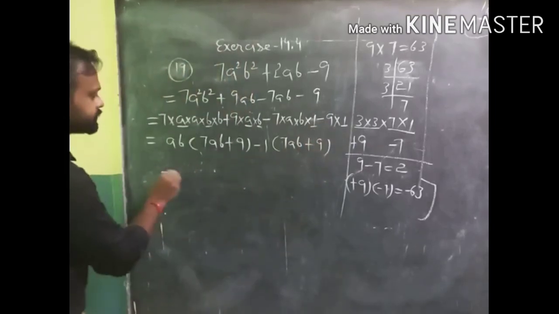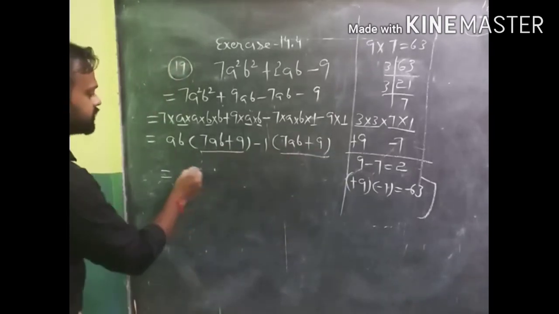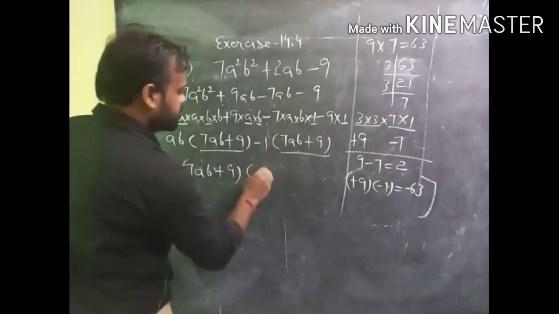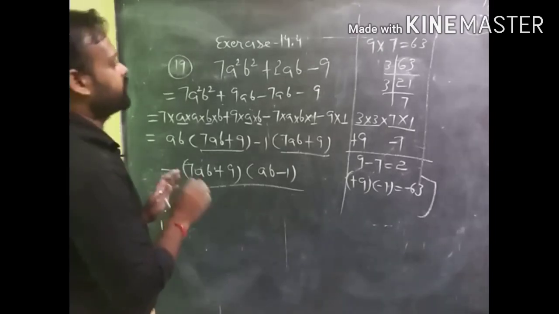So now you can see this 7ab plus 9 is common in both terms, so take this 7ab plus 9 common, and now you can see this ab minus 1 is inside the bracket. So by doing this way we can find out the factor.